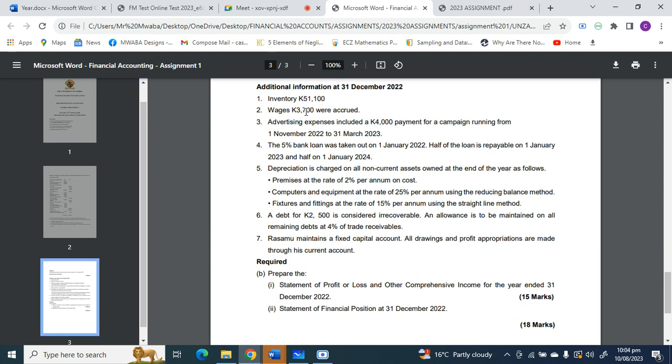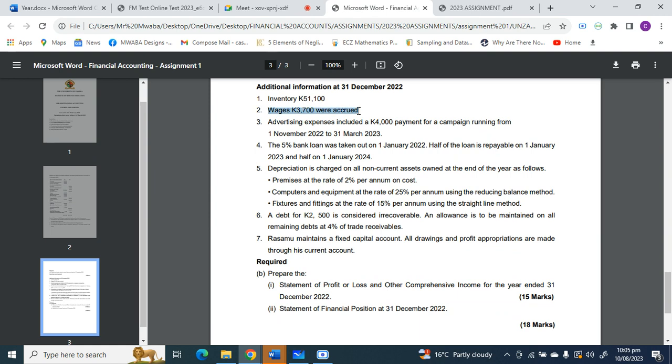The next month it comes, you don't pay. The other month, you don't pay. It starts building up. That's an accrued expense. So this accrual is more like a liability. In the statement of financial position, under current liabilities, you're going to put accrued wages.